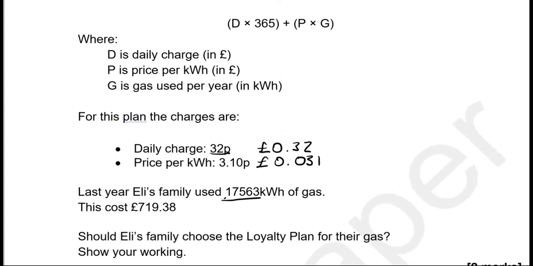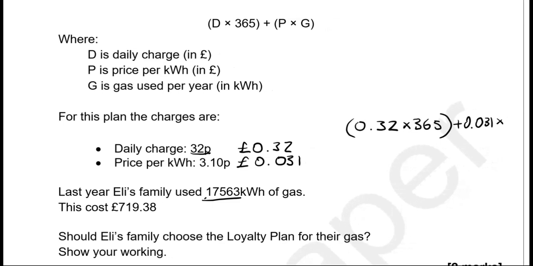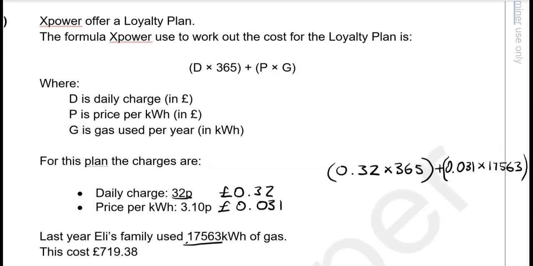So now D is 0.32 multiplied by 365, all in brackets, add P, which is 0.031, multiplied by G, which is 17563.